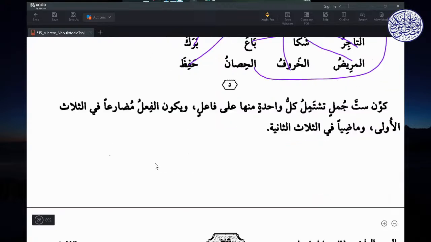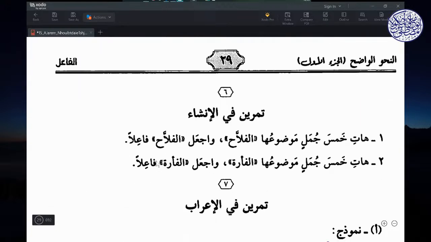Tayyib. Number 6. Okay. هات 5 جمل موضوعها الفلاح. وجه الفلاح فاعلا. We're going to do the same thing, just one, and then same thing with fa'ra. Fa'ra is fa'ilan. Give me one sentence for al-falah and one sentence for fa'ra.